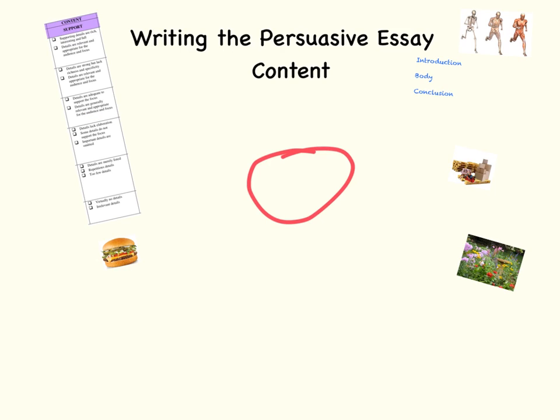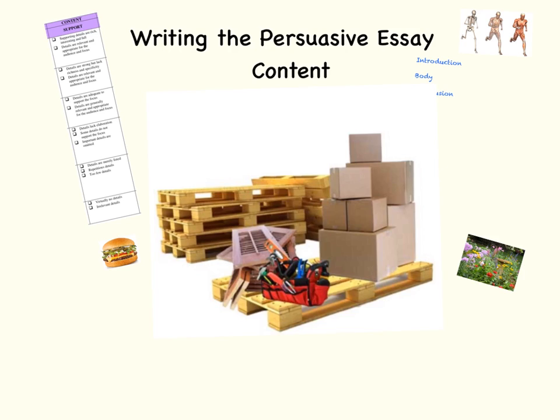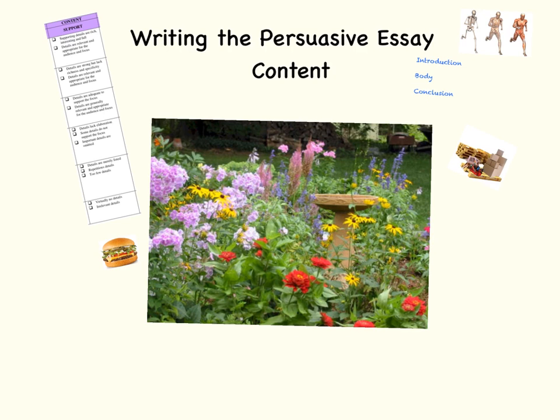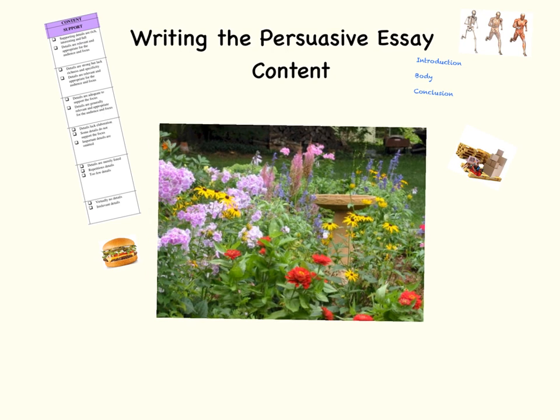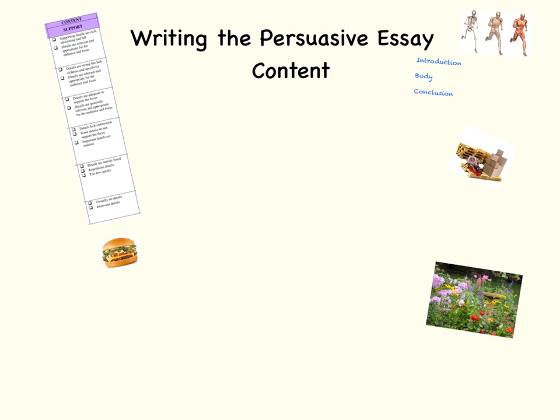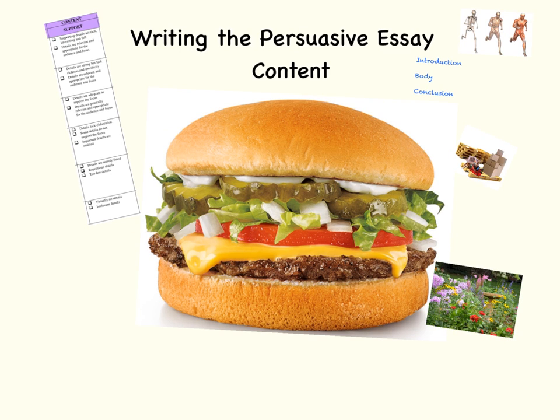You can think of the content in your body paragraphs as like the building materials you use to build your house, or the flowers you decide to plant in your flower garden. Lastly, you might think of it as the patty, the cheese, and all the toppings you choose to put on your hamburger.